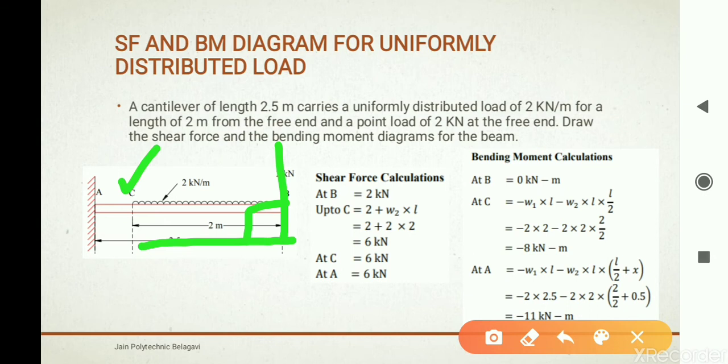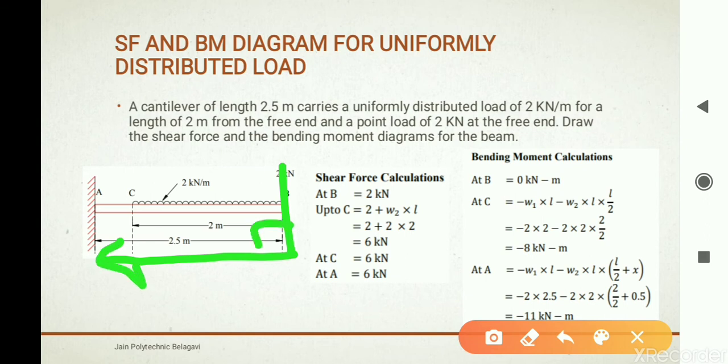So bending moment at A will be minus W1 into L, that is 2 kN point load into 2.5 meters. So here it will be minus 2 force into perpendicular distance till A. So 2 into 2.5, minus 2 into 2, which is acting at the center of the span, and from there till A it will be 2 by 2 plus 0.5 meters, because the span between A and C is 0.5.